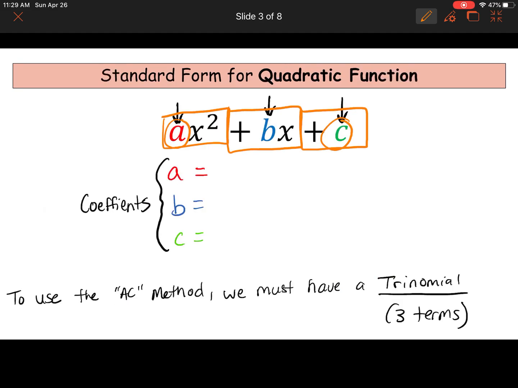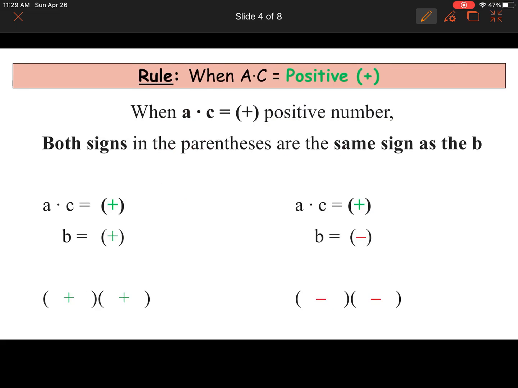So if I'm looking at my expression, and I take my A and multiply by C and I get a positive number, and my B is also a positive number, both signs in my factoring process are positive.